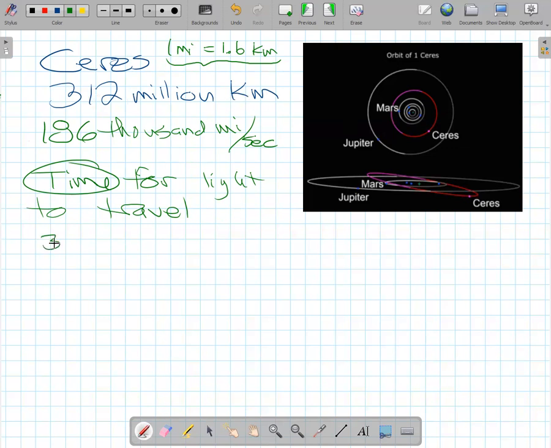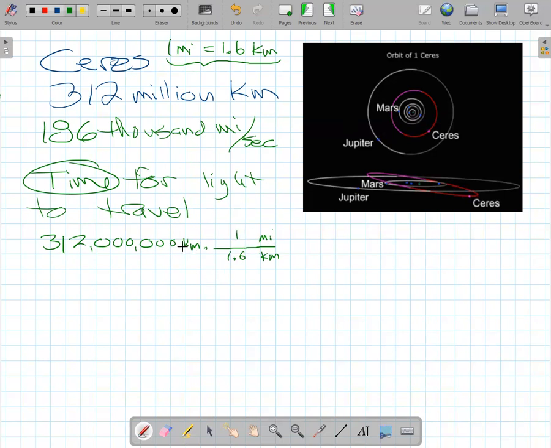So I want to take that 312 million, 1, 2, 3, that's thousands, 1, 2, 3, there's millions. I like commas to make sure I'm writing it correctly. Kilometers, and I'm going to use a conversion fraction to get rid of the kilometers and replace them with miles. So 1.6 goes with the kilometers, and 1 goes with the miles.